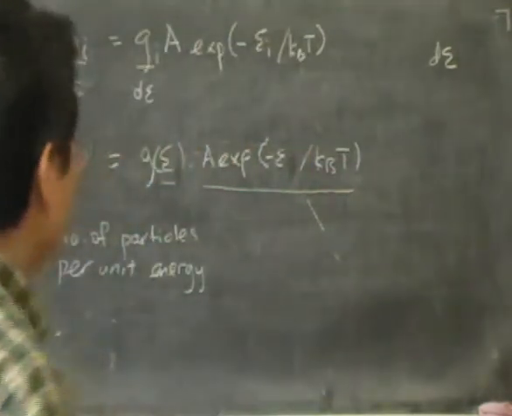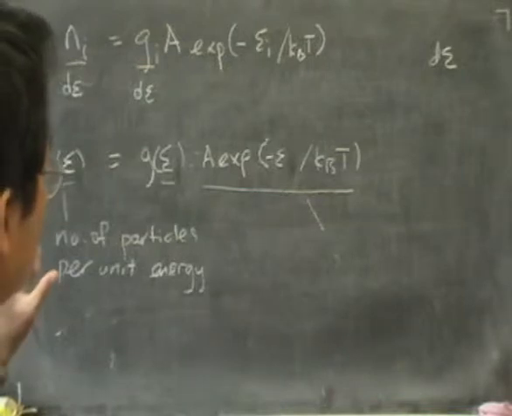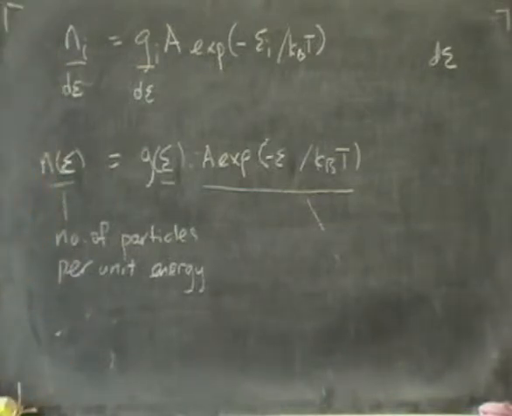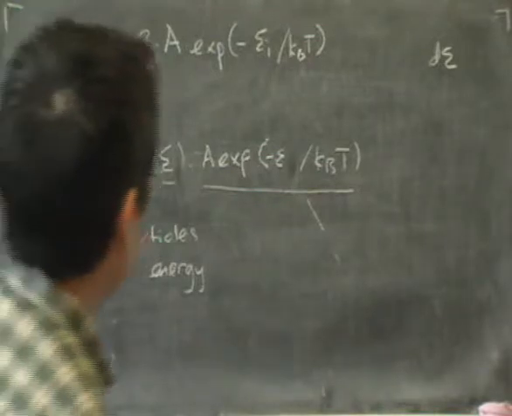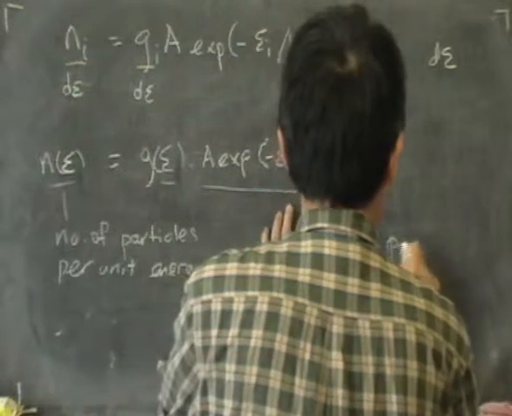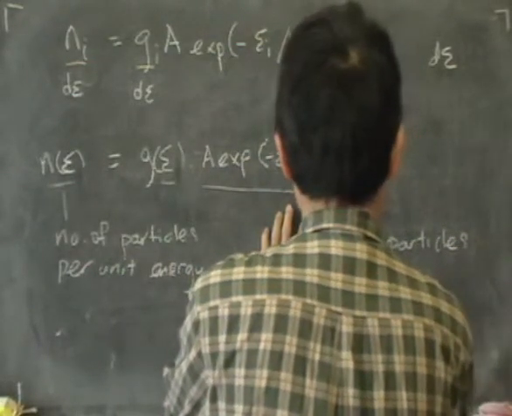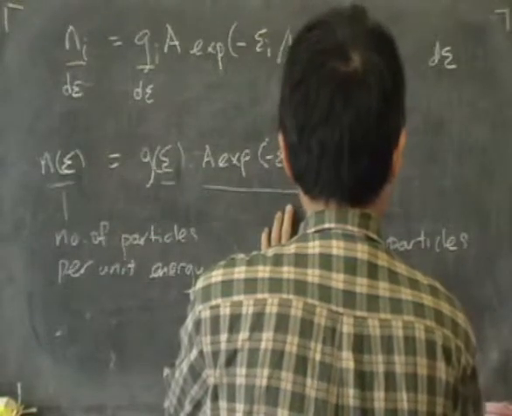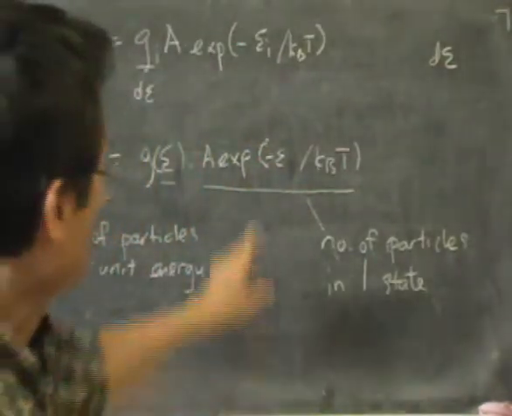Think about what it means. What this actually means is that this is the number of particles in one state at this energy e.